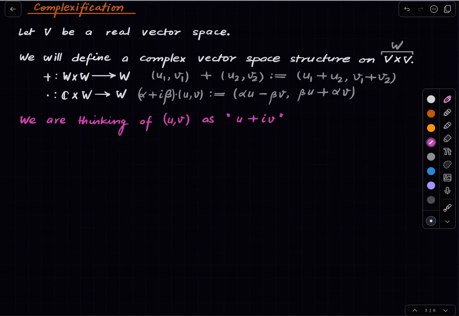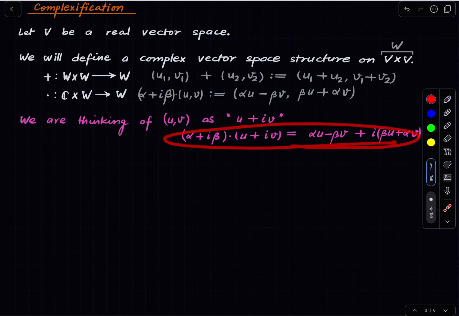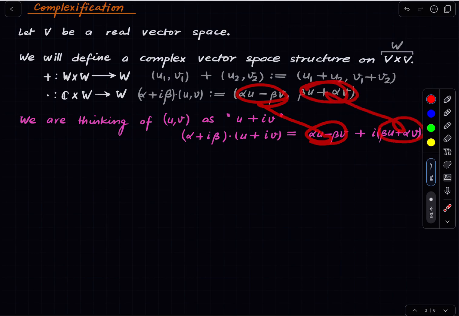And therefore, if we were not told anything and were asked to scale u plus iv with alpha plus i beta, just by high school kind of bracket multiplication, we would have written this. If you open the brackets, you would have found that. Of course, this is not formally meaningful, but this is the idea. This part comes here and that part comes there. So that is what motivates this definition.